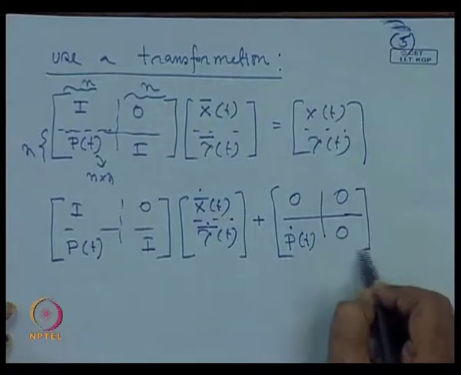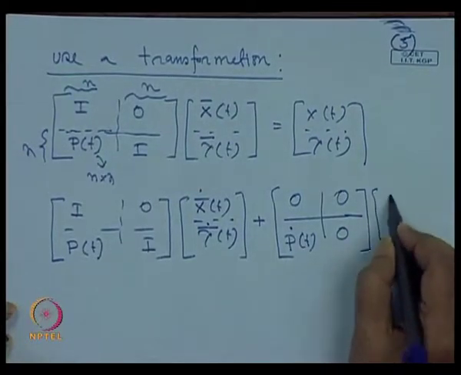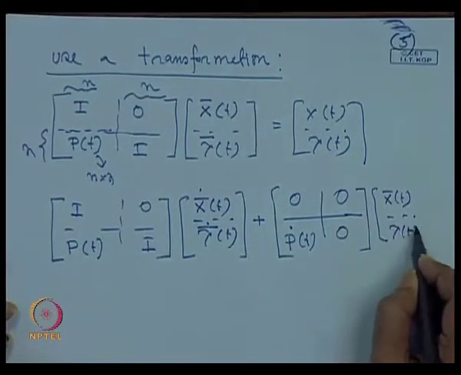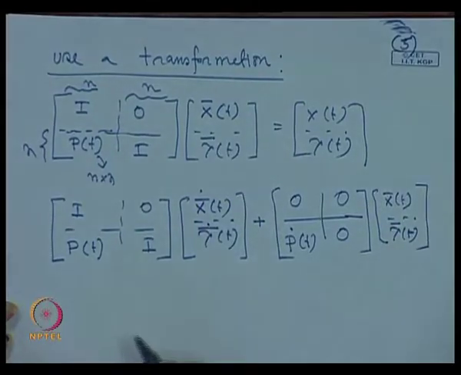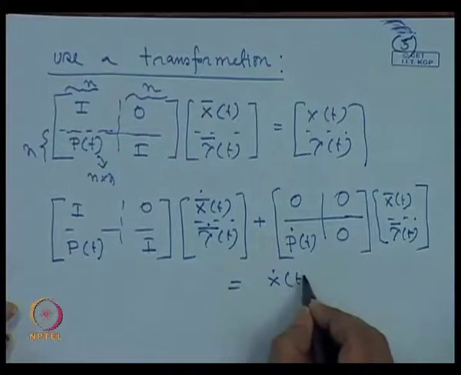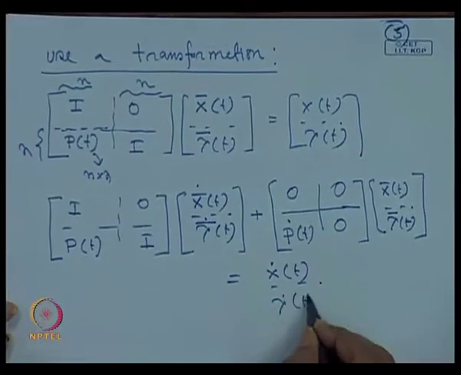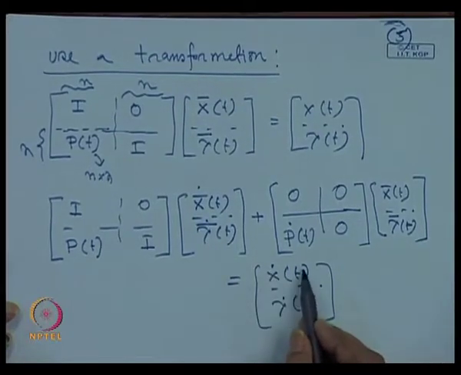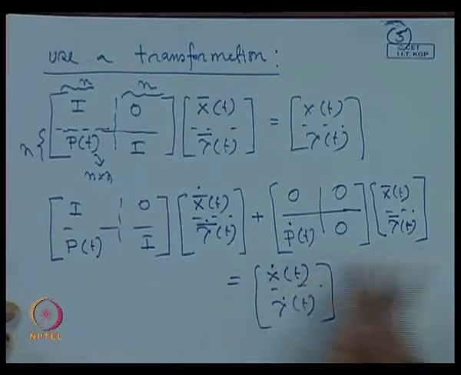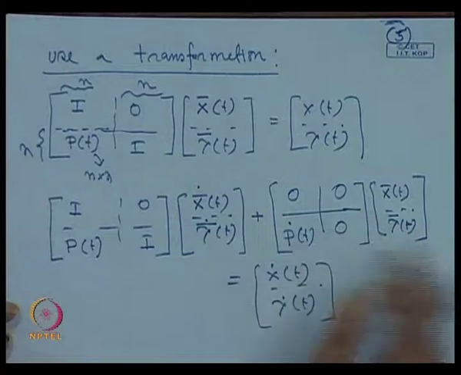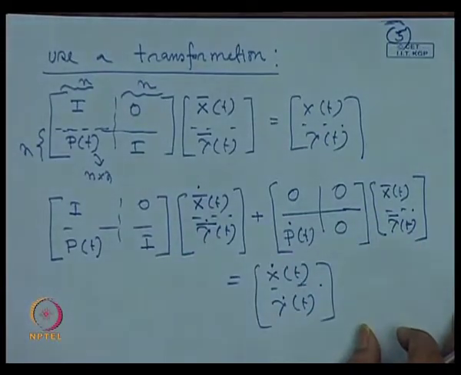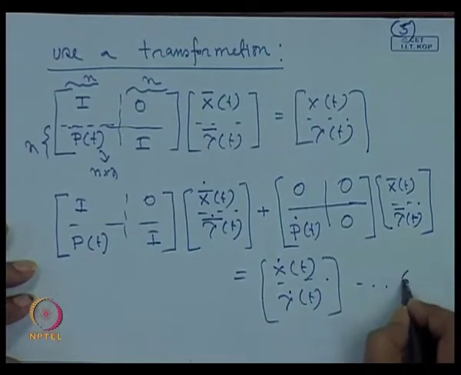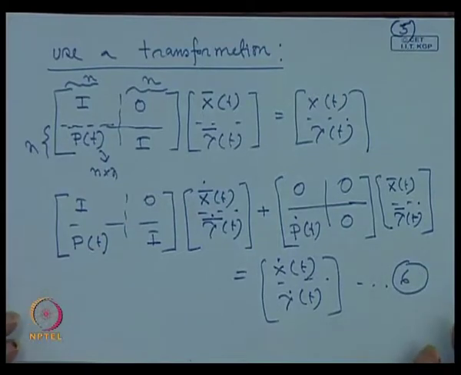So, this multiplied by that, your x bar of t and lambda bar of t, agree, is equal to the right hand side x dot of t, lambda dot of t. So, I know what x bar dot of t and lambda bar dot of t are. I will put this expression on this side, and then we will make some manipulation and simplification. Now, we have given equation numbers up to 5, so let us call this equation number 6. Agree?